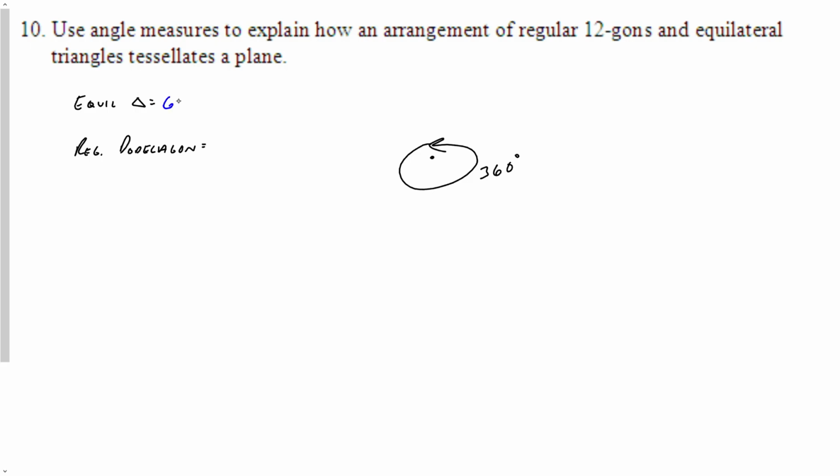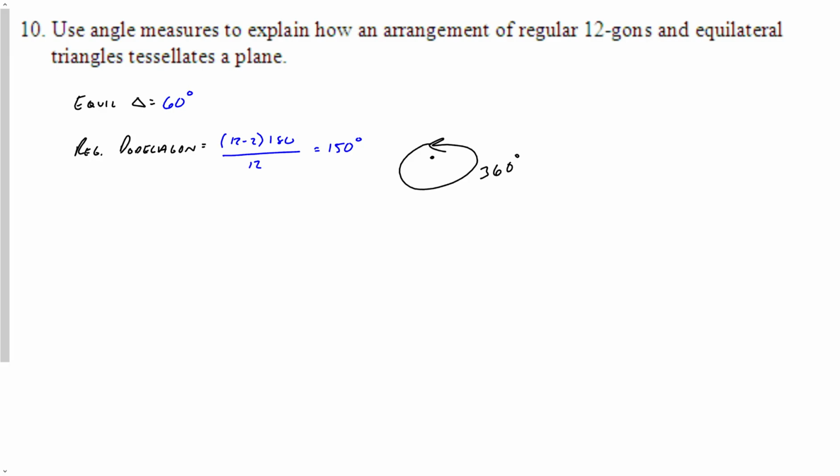Hopefully we all know that equilateral triangles are also equiangular, so that is 60 degrees. Then if I calculate out the regular dodecagon, I would end up with 150 degrees.